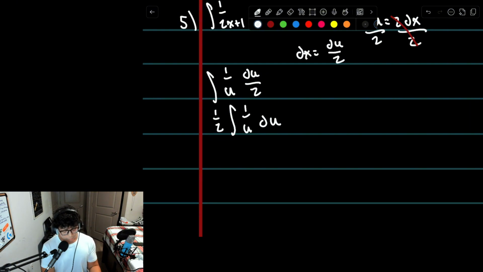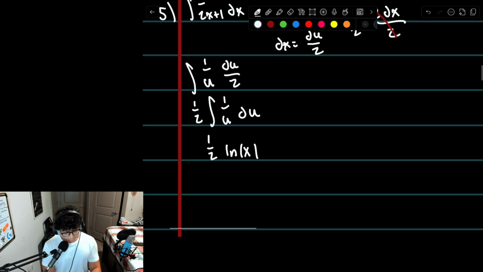Now that we have that, we know our integral rules, right? The integral of 1 over u is ln, is it parentheses x? No, it's absolute value x. Don't forget that. Plus c. And since that's not an x, it's a u, we'll put in u.